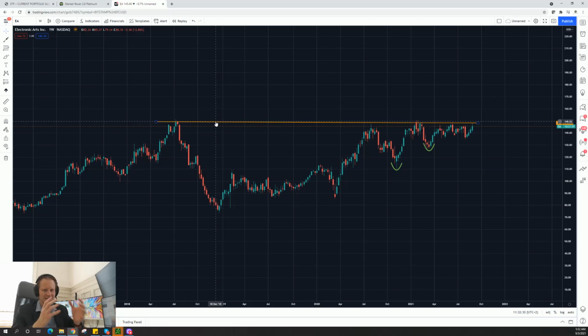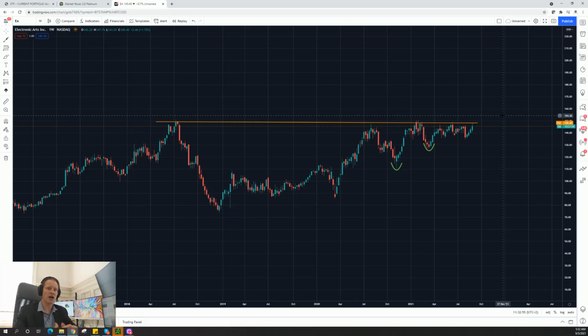It doesn't apply to everything because everything has different volatilities. But on a weekly closing basis, you'd want this stock closing roughly 3 to 5% above that reference point. So if $150 is the reference point, you'd want this stock closing at least around $155 on a weekly closing basis to constitute a breakout.